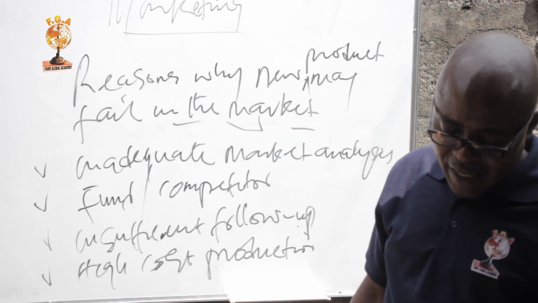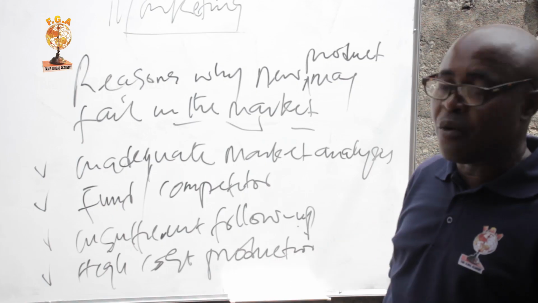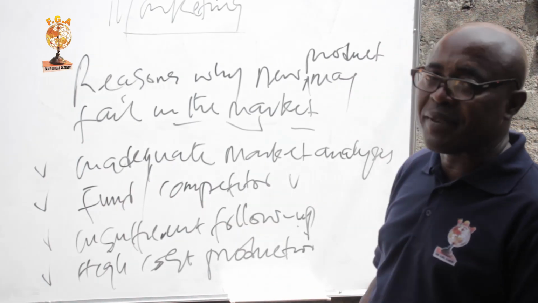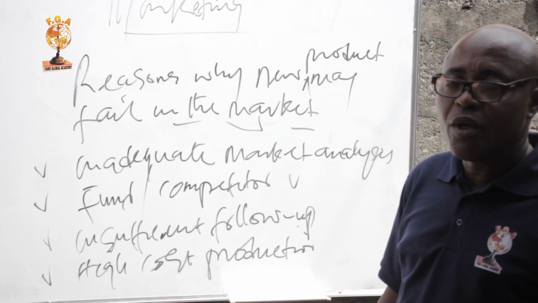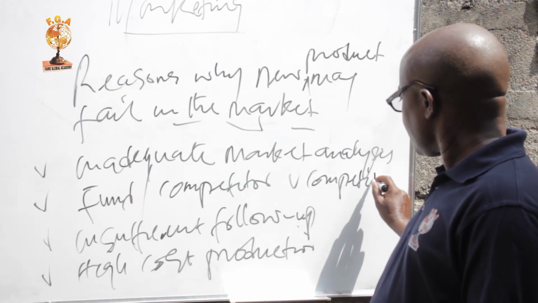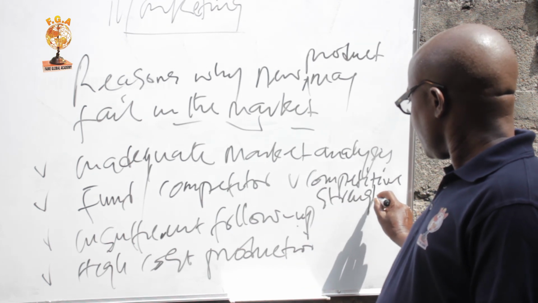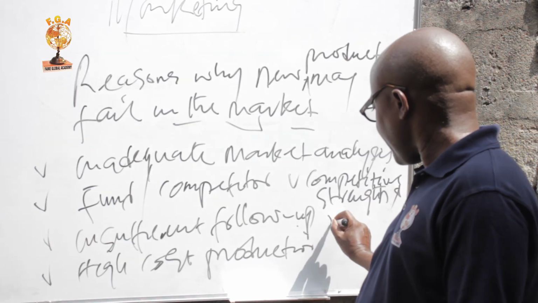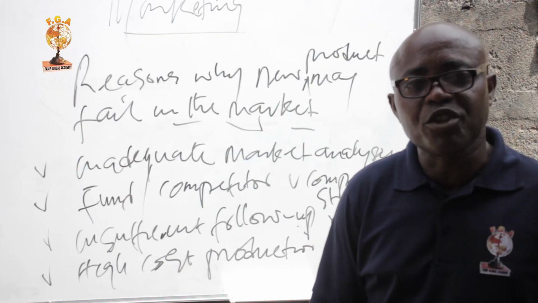Now, the next one is competitive strength. Sometimes you have these things trying to repeat themselves. Number five is competitive strength and reaction.